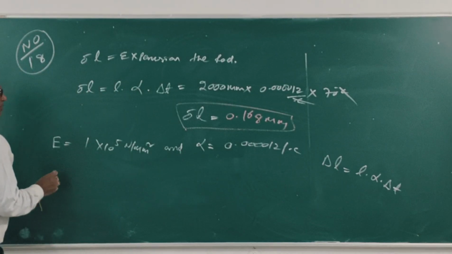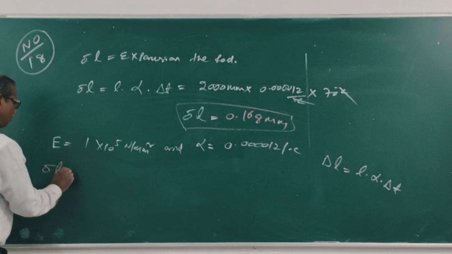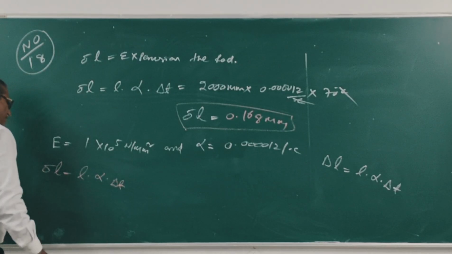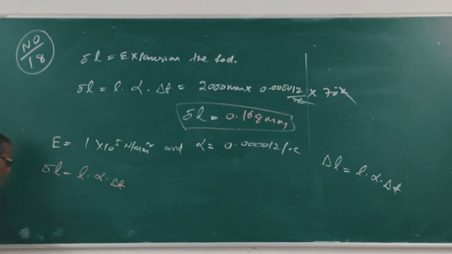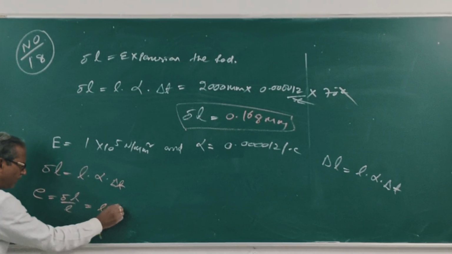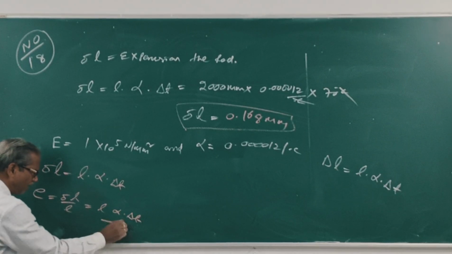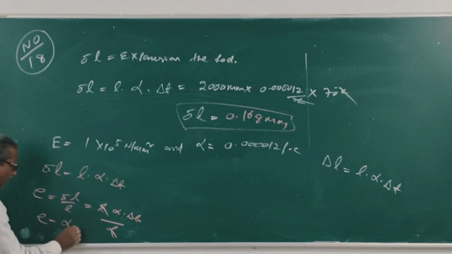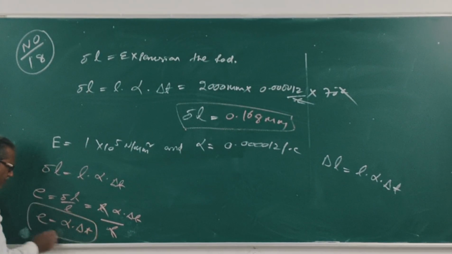Now, delta L is equal to L alpha delta T. Clear? First strain is equal to delta L by L, alpha delta T by L. Strain is equal to alpha delta T. This is strain.